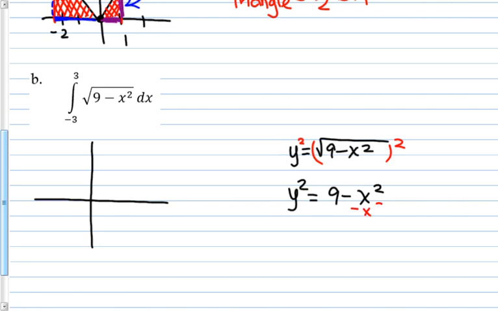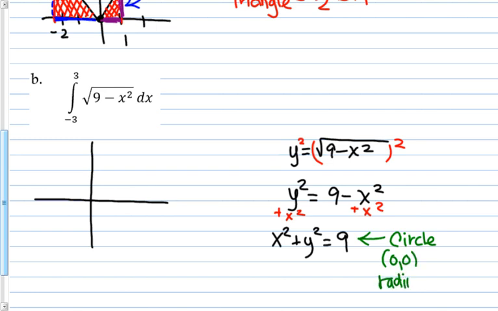Add the x squared to both sides, and I end up with x squared plus y squared equals 9. If you recall from Algebra 2, from geometry, even from pre-calculus, this is the equation of a circle centered at 0, 0, with a radius of 3, because this was r squared.